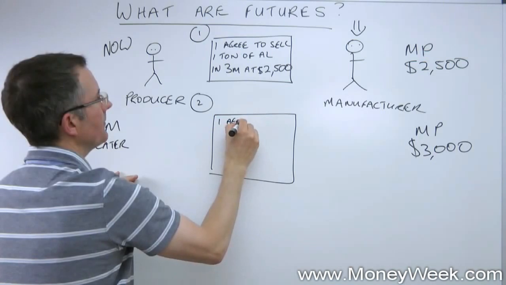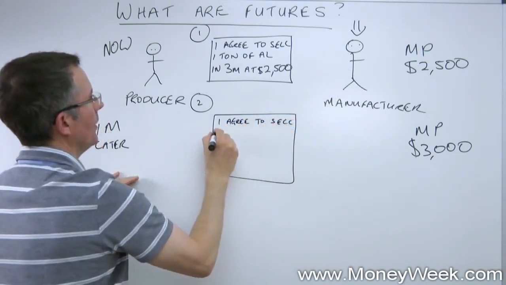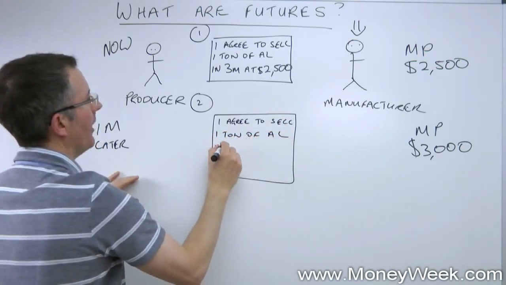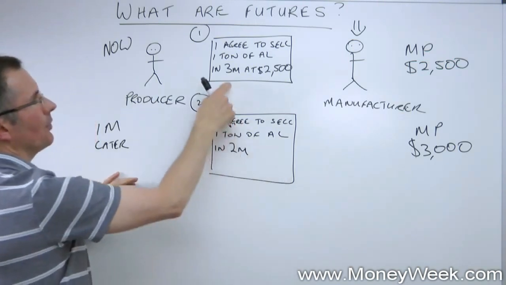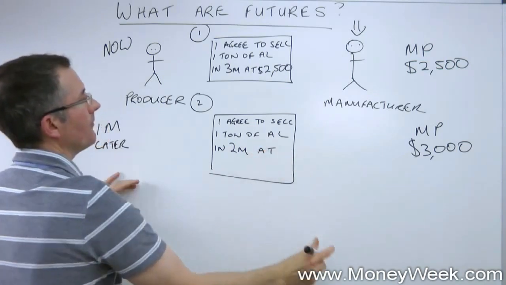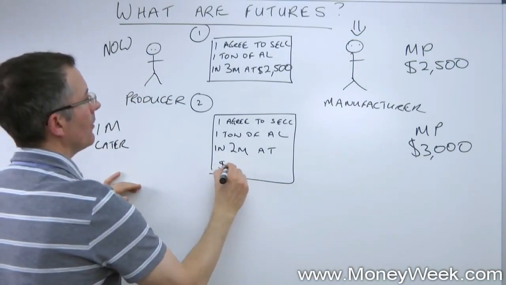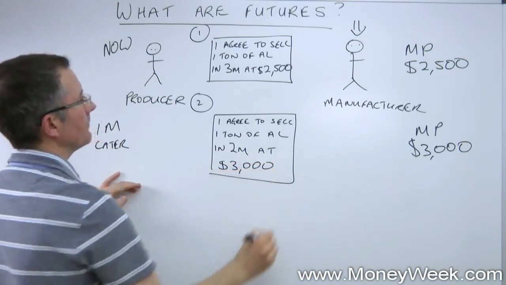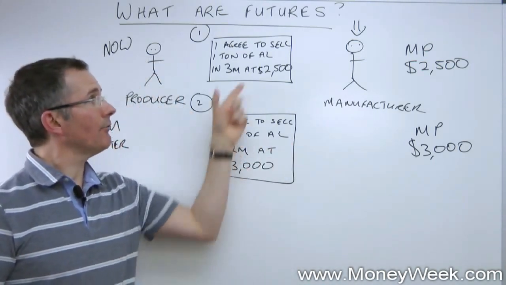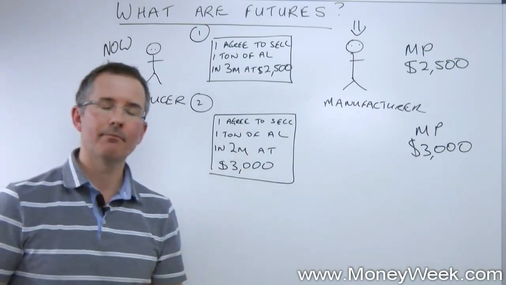I agree to sell you 1 tonne of aluminium in 2 months' time, because the original contract's only got 2 months left to run, at, well, let's set the new market price, so $3,000. Right, so the manufacturer says, I'm prepared to set up a second contract, to run alongside the first one. And the producer thinks about it and says, all right.